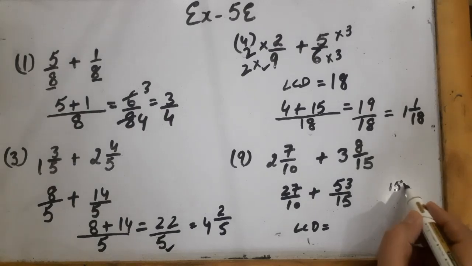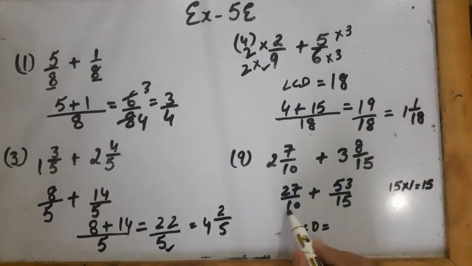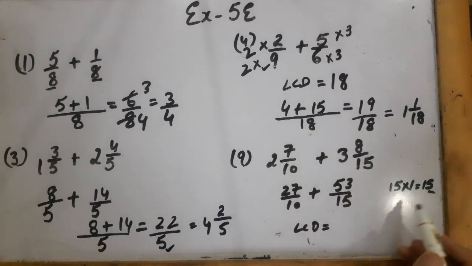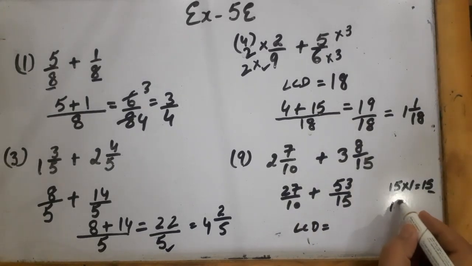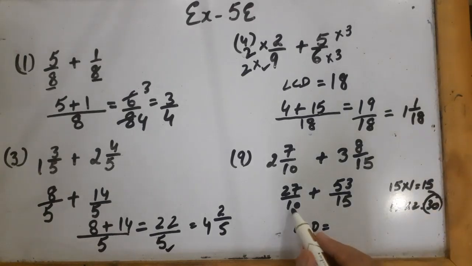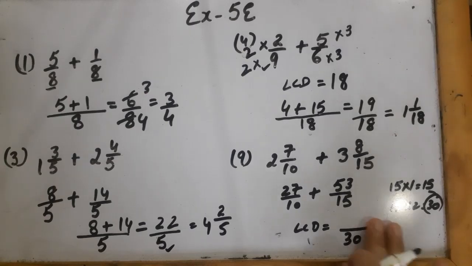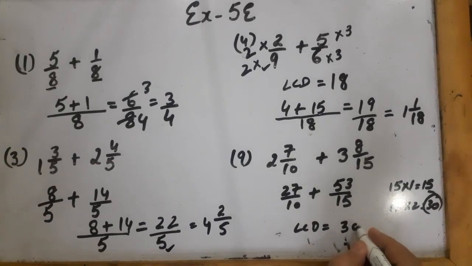Start saying its table. 15 ones are 15. Do you get 15 in 10's table also? No. So this cannot be my least common denominator. Then 15 twos are 30. Do you get 30 in the table of 10? Yes, 10 threes are 30 and 15 twos are 30. So my least common denominator, sorry, LCD will be 30.